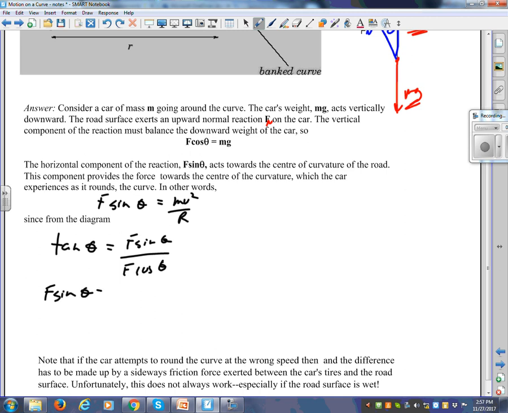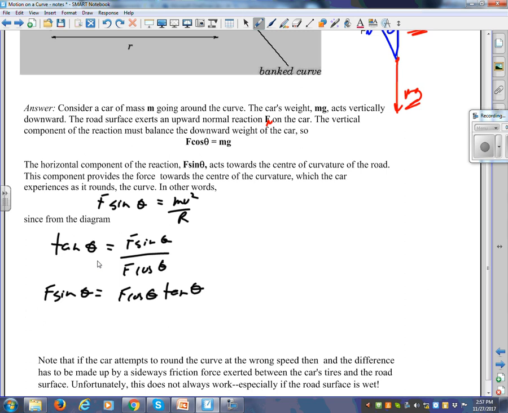Which means that if I rearrange this, F sine theta is equal to F cos theta tan theta. You see what I did there? I took this bit down here and multiplied it up there. We're doing a derivation here.